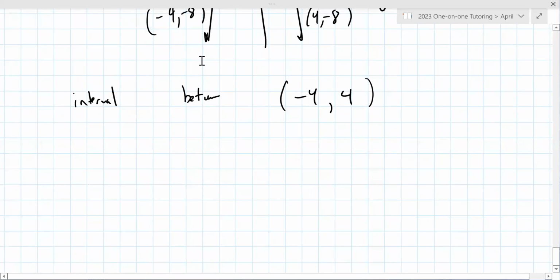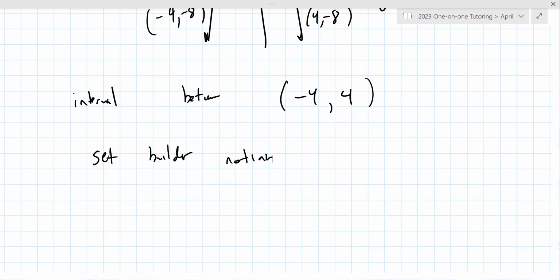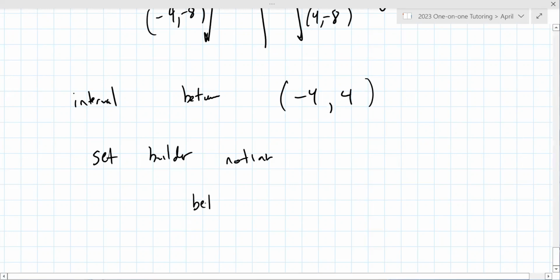All right, so why don't you try the set builder notation? Wait, but how would I incorporate both the -4 and the 4?